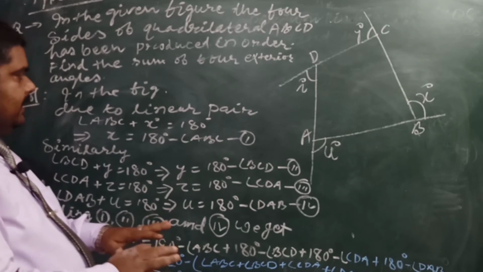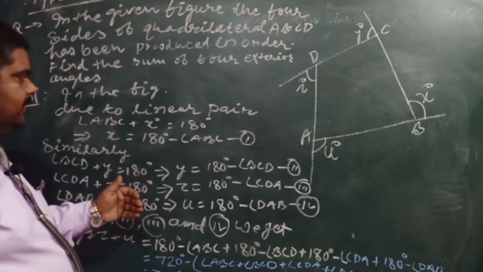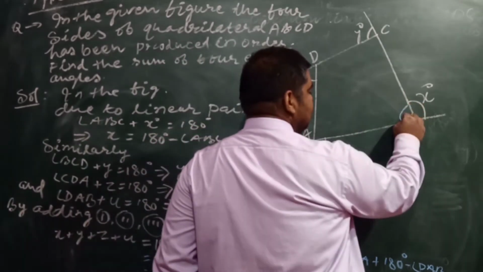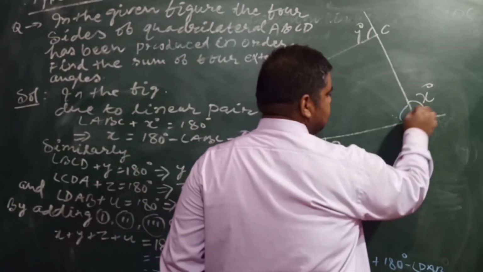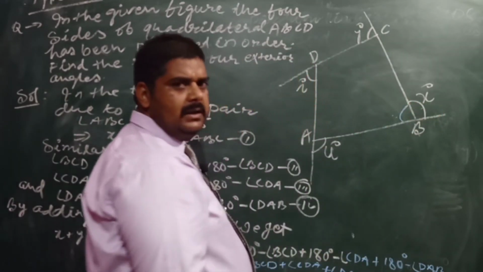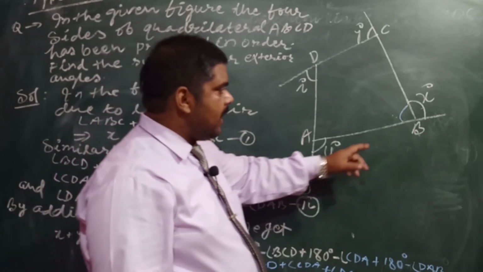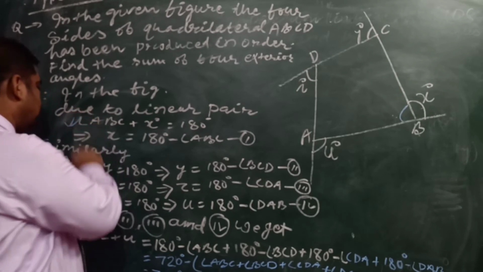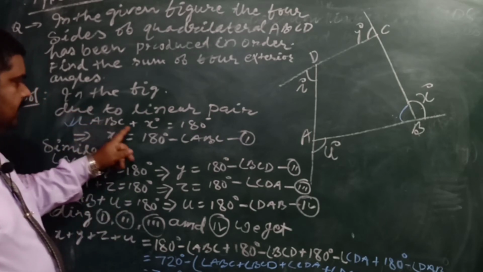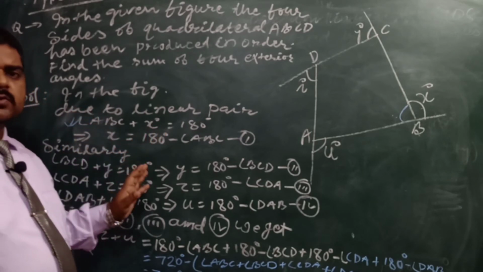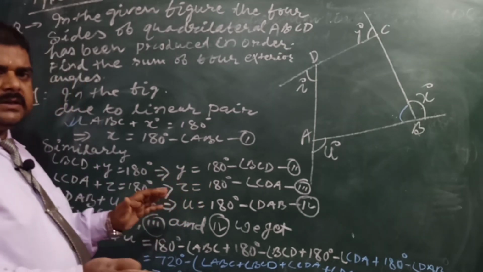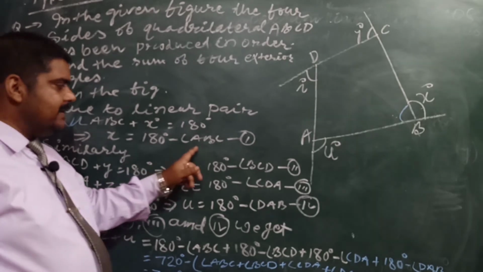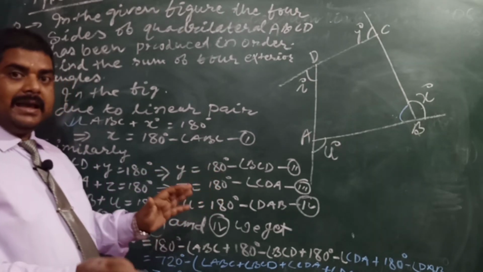And my dear, for the solution, you know very well that these two angles are known as a linear pair, because the sum of these two angles must be equal to 180 degrees, and this is why you can apply this formula: angle ABC plus x degrees is equal to 180 degrees. This property you have to use for the linear pair, and x is equal to 180 degrees minus angle ABC.